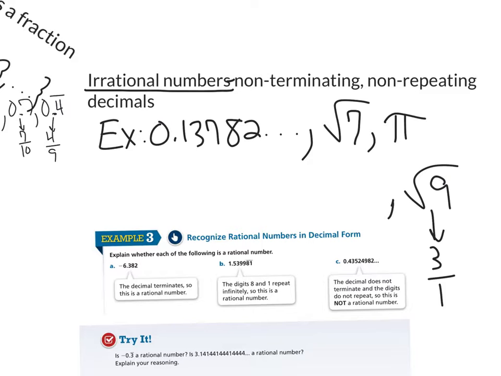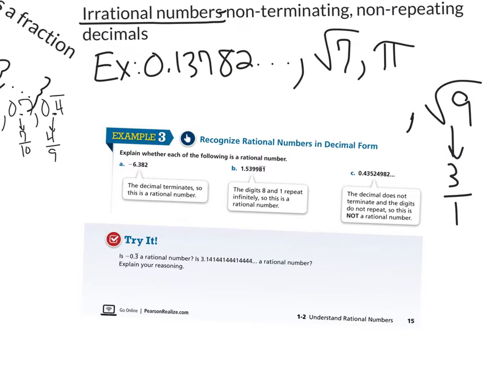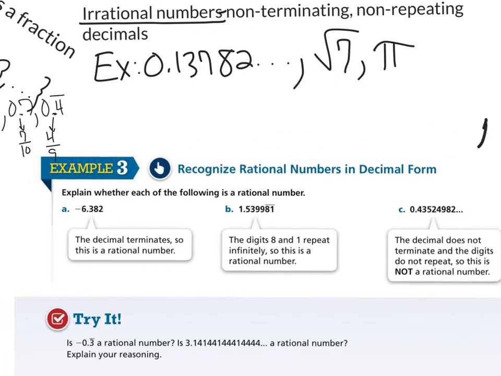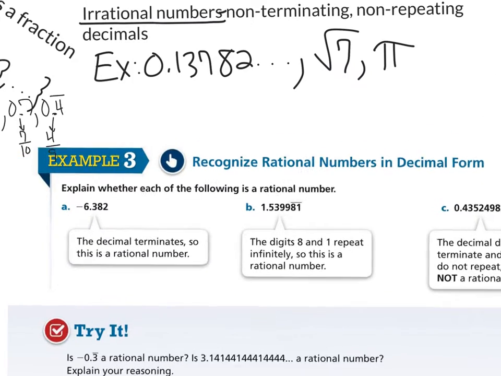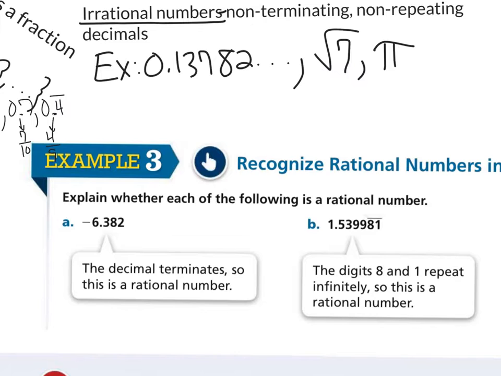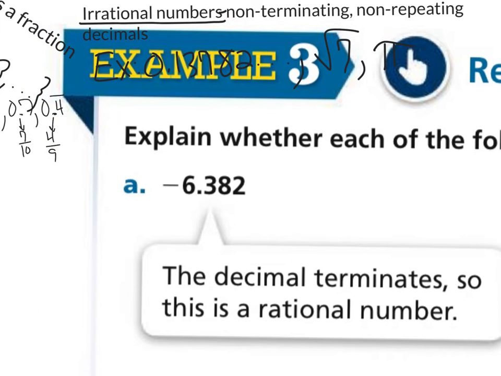So now we go back to example 3, whether these are rational numbers. You can see in example 3, part A, that the decimal ends, so that's rational. We could write it as -6 and 382 over 1,000. We could change it to an improper fraction if we wanted to technically meet our definition.